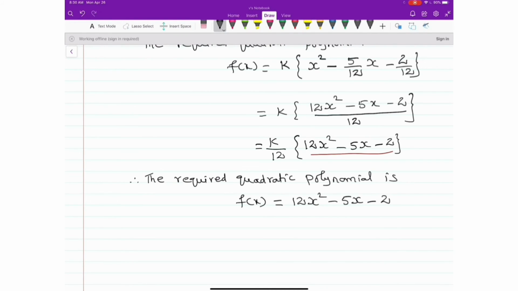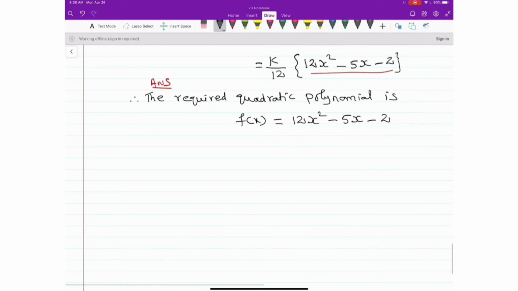This is going to be the answer for the first part. Now, the second part, we have to verify the relationship between the zeros and the coefficients of the quadratic polynomial 12x square minus 5x minus 2. So, let us do that now.